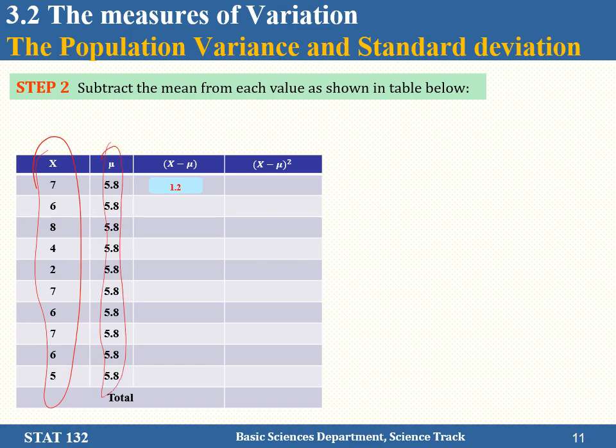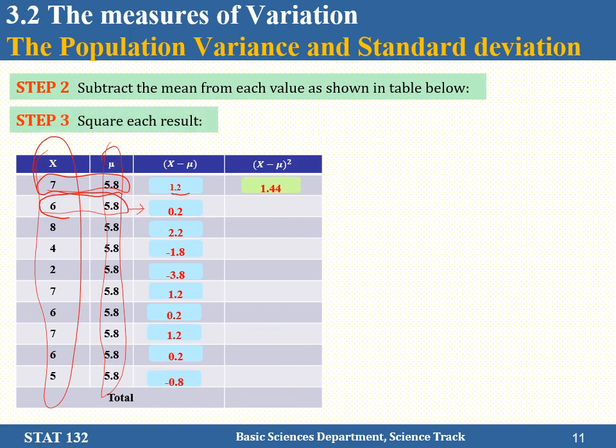Then you subtract these two, and you will get 1.2. Then 6 minus 5.8 gives 0.2, and you do the same thing for all of them. Sometimes you get negative values, sometimes positive values, but it doesn't matter because you will take the square of them.